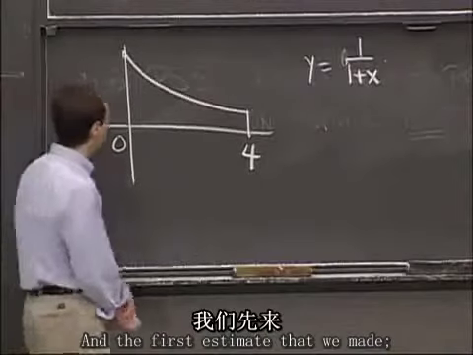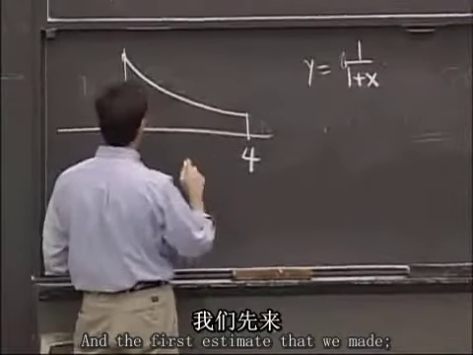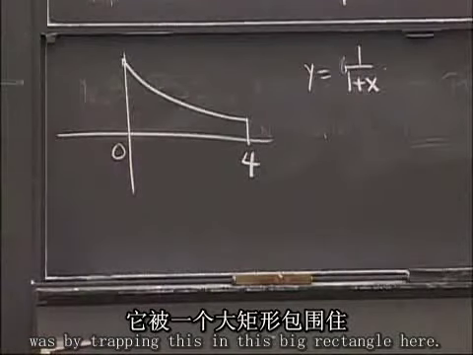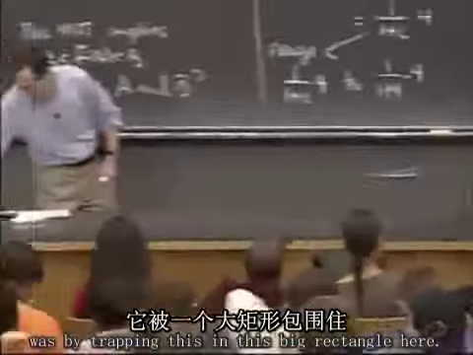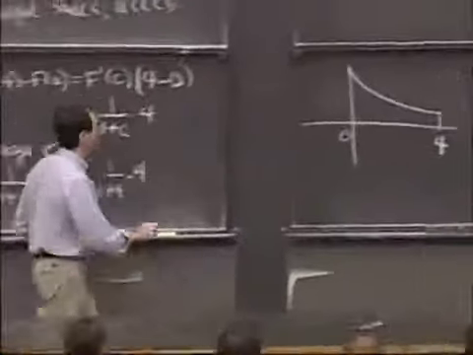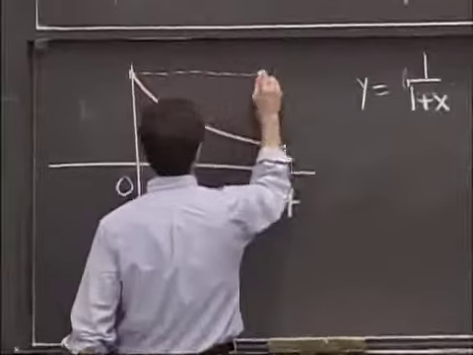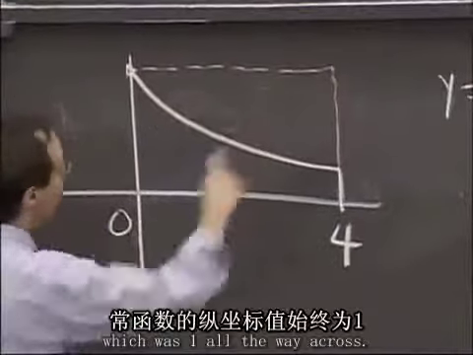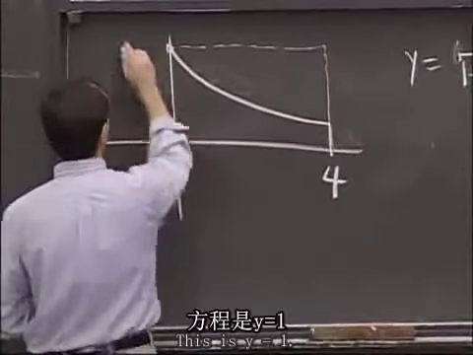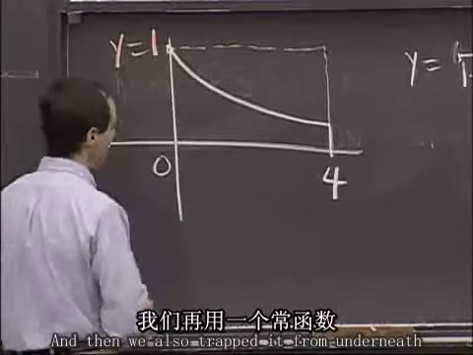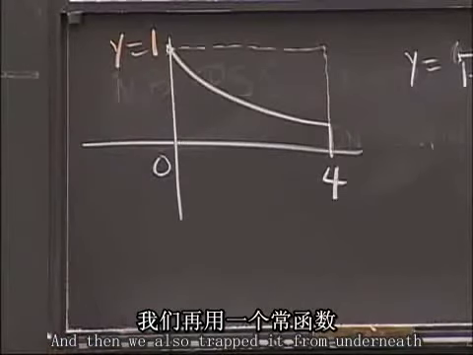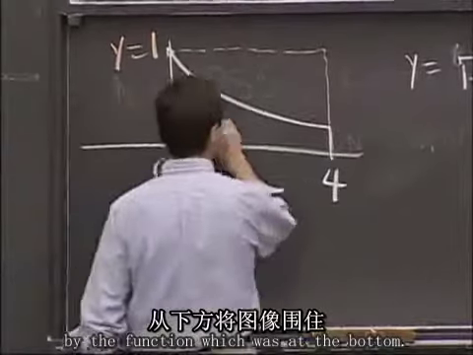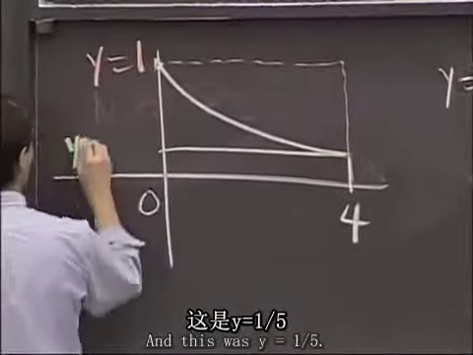And the first estimate that we made, that is the upper bound, was by trapping this in this big rectangle here. Right? We compared it to the constant function, which was 1 all the way across. This is y equals 1. And then we also trapped it from underneath by the function which was at the bottom. And this was y equals 1/5.